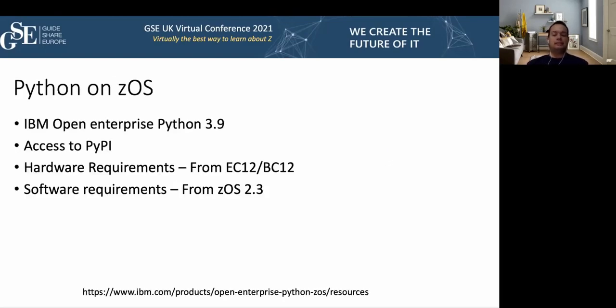But Python on z/OS is kind of new. I think it's from last year. I think IBM started to support that, and Porter has its own version, so it's very up to date. The IBM Open Enterprise Python is on version 3.9, so it's the same version that we have for any other platform. You have access to PyPI, where you can take these modules to use in your code.